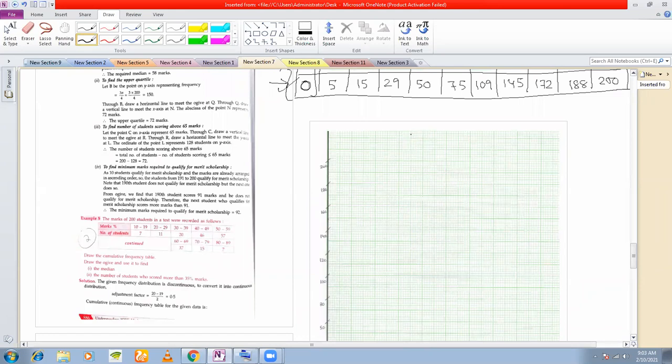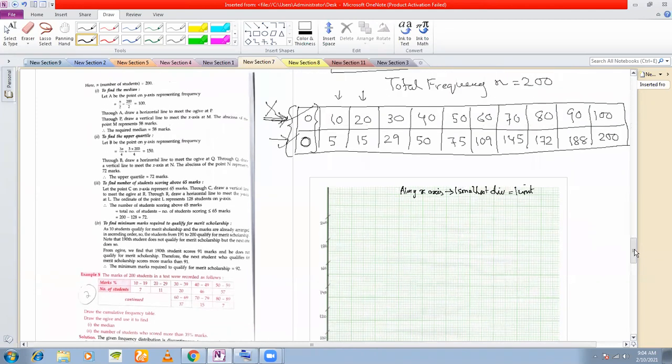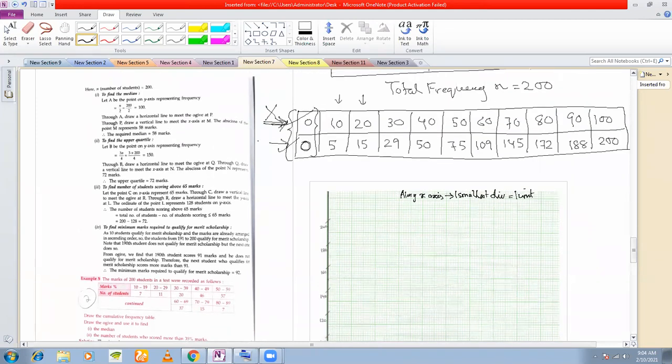You should be writing here, along x-axis, on the squares only, you are going to write your scale. One smallest division is equal to 1 unit.